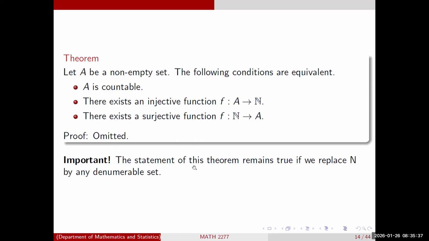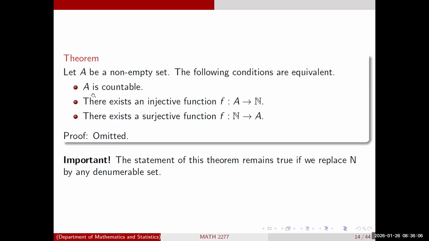So the statement of this theorem still remains true if we replace the natural numbers by any other denumerable set. Now we are going to start constructing denumerable sets and using this theorem to get more.